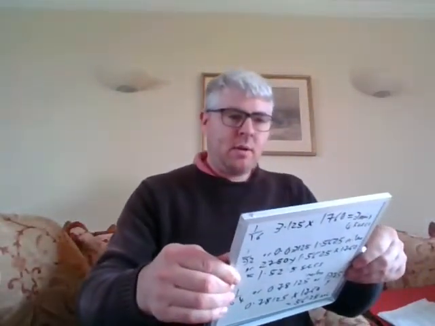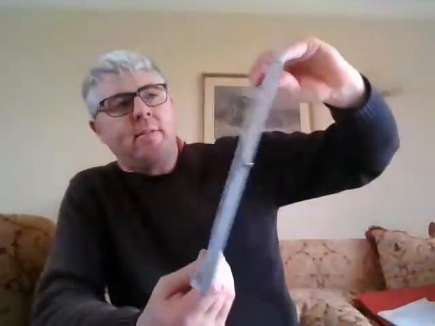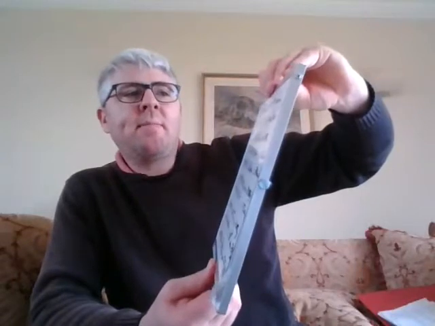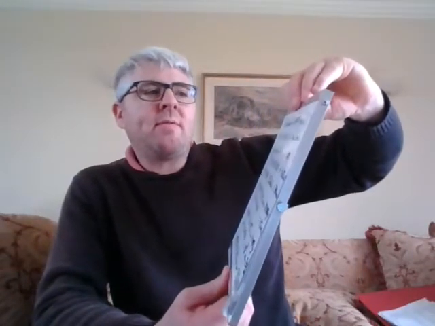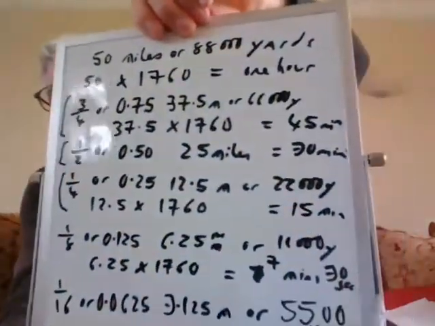The 50 miles or 88,000 yards, and 50 times 1760. Well, 1,760 yards equals 1 mile, and I've got the hours here and the minutes, and I just want to show you here the 3/4.